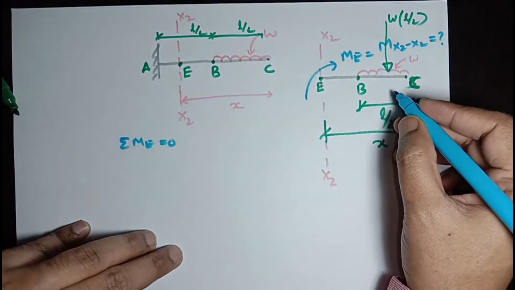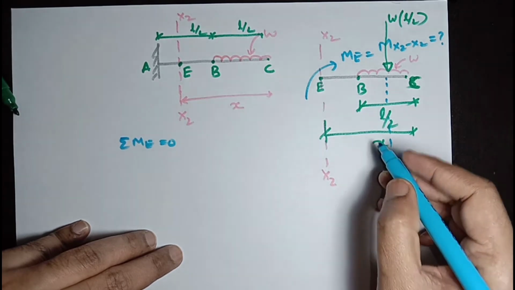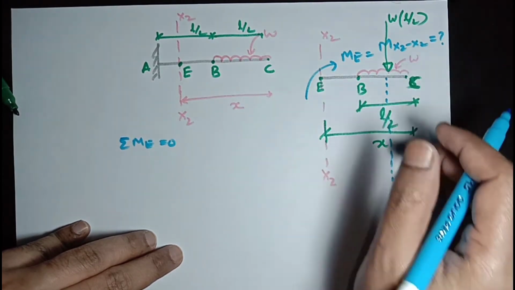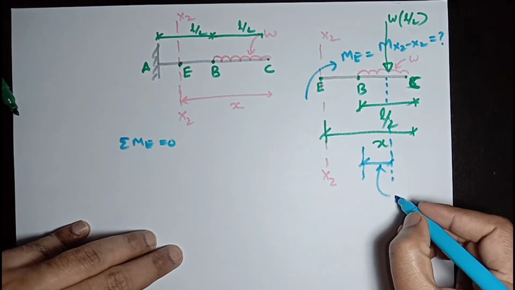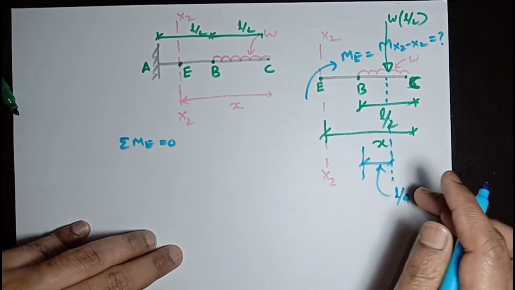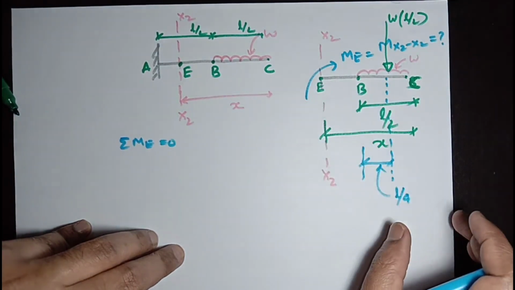This length is L by 2, so this length will be L by 4 here, since it is acting at the center of BC.